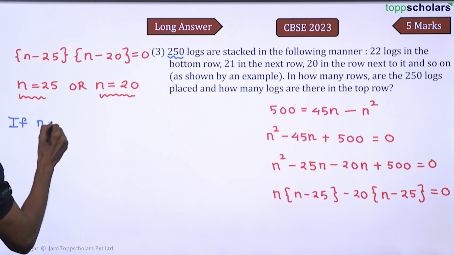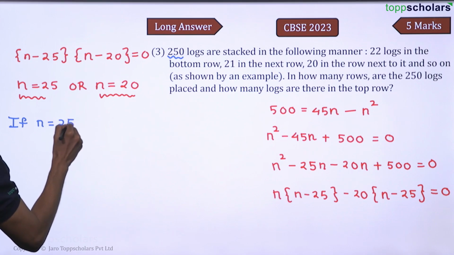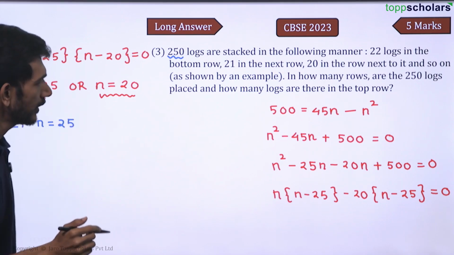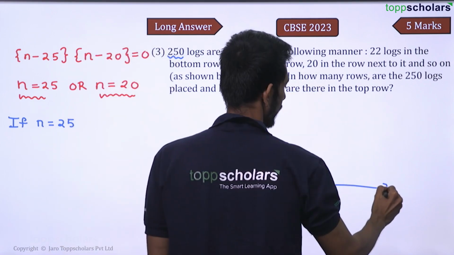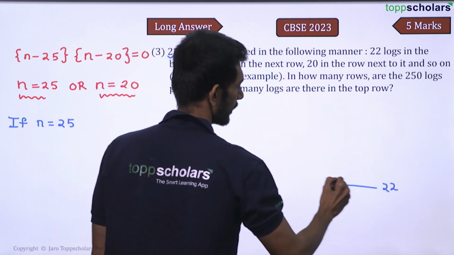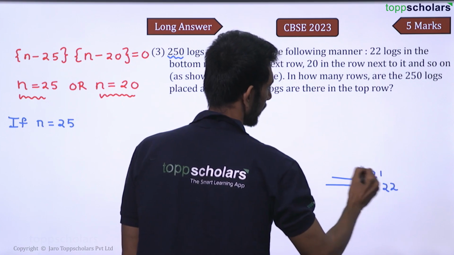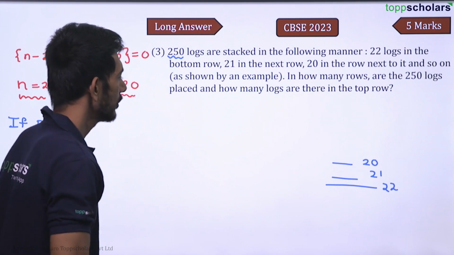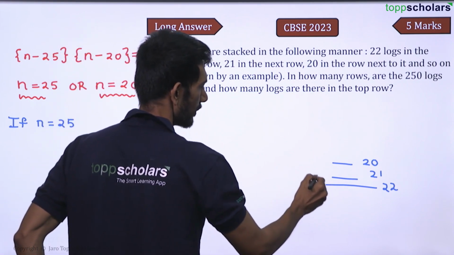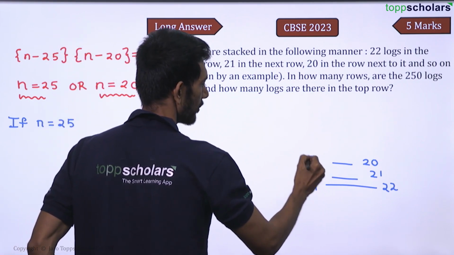If n is 25, right? Now understand very carefully. Here there are 22 logs, then you have 21, then you have 20 and so on. So this is row number 1, this is row number 2, this is row number 3.